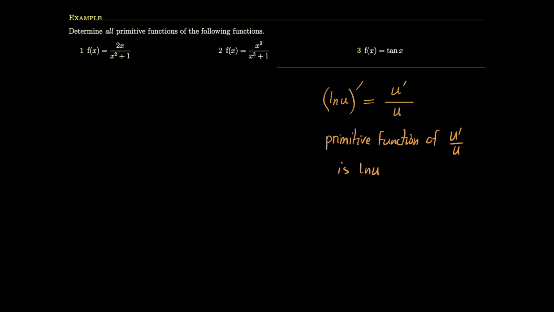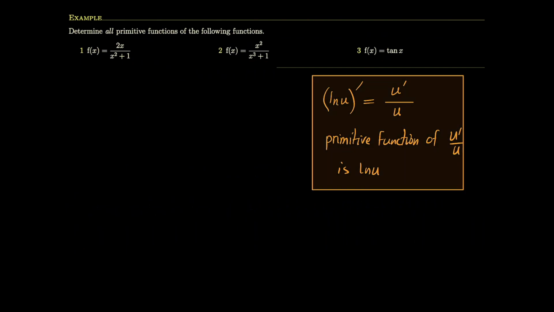This is the trick in all these problems. Whenever you see this combination, remember this trick. If you see a fraction where the numerator is the derivative of the denominator, a primitive function becomes simply ln of u.